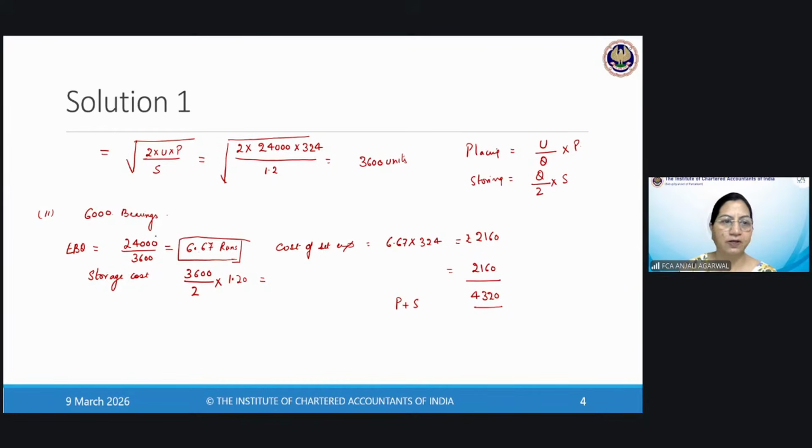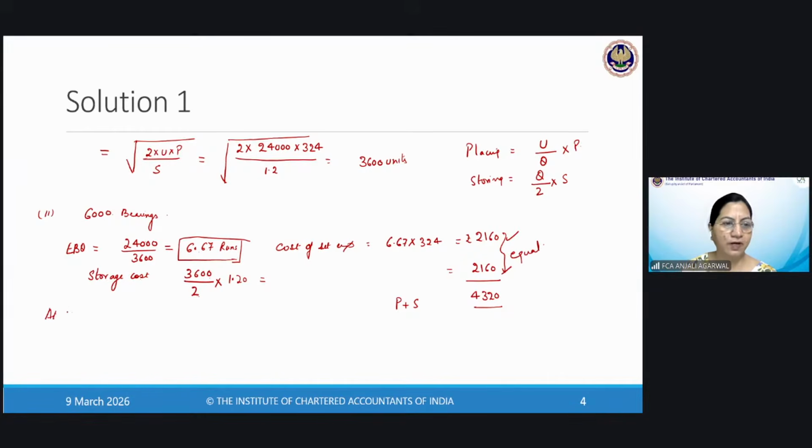Here, the placing cost was calculated as 24,000 divided by 3,600, which means 6.67 times, and 6.67 into 324. For storage cost, 3,600 units are ordered, on an average 1,800 will be held, and 1,800 into 1.2 is 2,160. You will recognize here that the placing and storage totals are exactly equal.